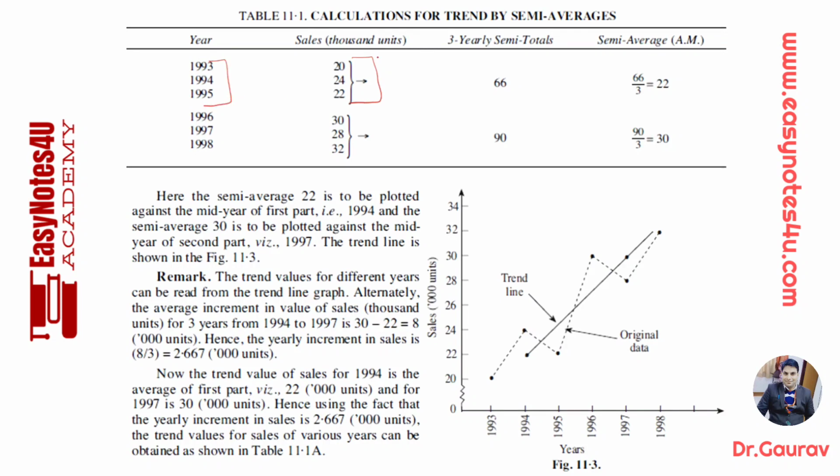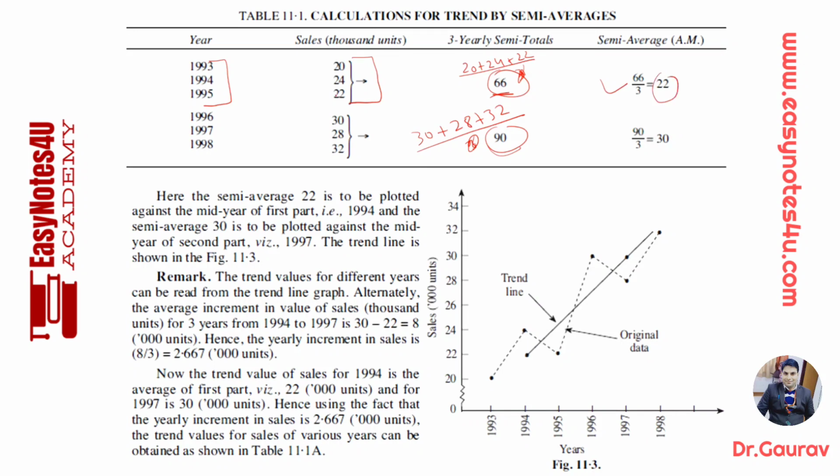When we calculate the semi average of the first 3 years, it will be 20 plus 24 plus 22, which is 66, divided by 3. And for the other part, the total is 90, divided by 3. Now the totals are 66 and 90, and we will take the averages.